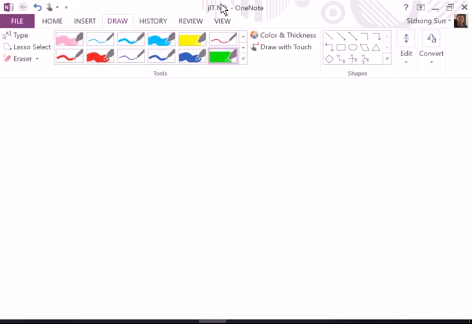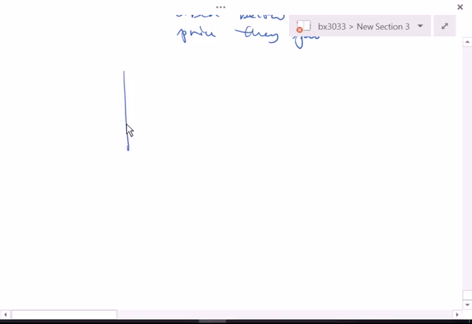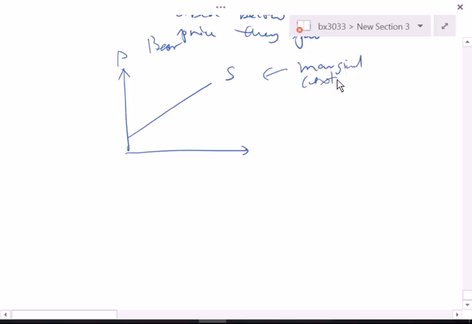Producer surplus. Again, this is the beer market. This supply curve also tells us the marginal cost of production, or the actual cost of producing an extra unit of beer.